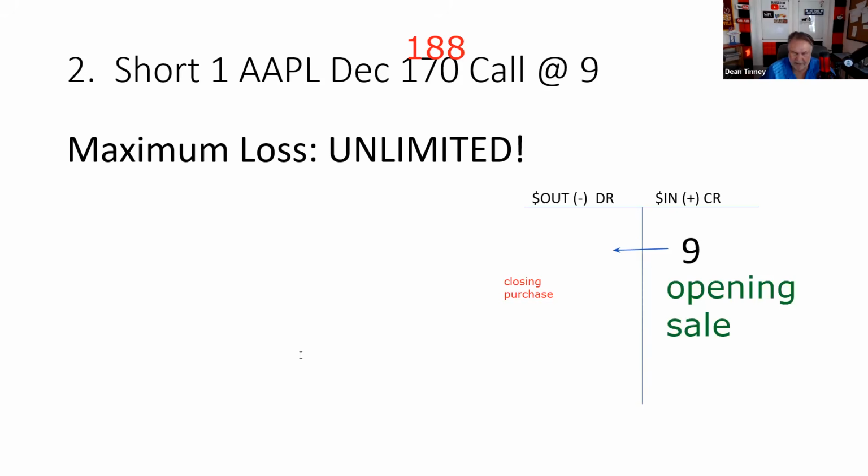So be careful what you're being asked. RTFQ, read the full question. I'm not asking you what is the intrinsic value of a 170 call with Apple at 188. The answer to that is 18. That's not the question. The question is, if you close it out for that, what is the gain or loss? And so again, this is going to be a loss.